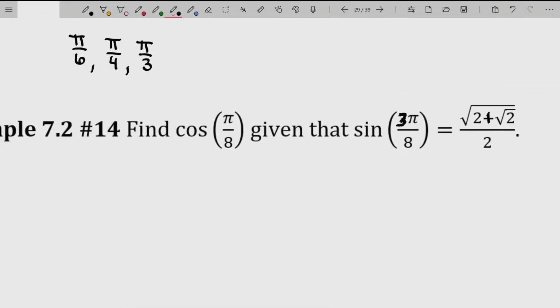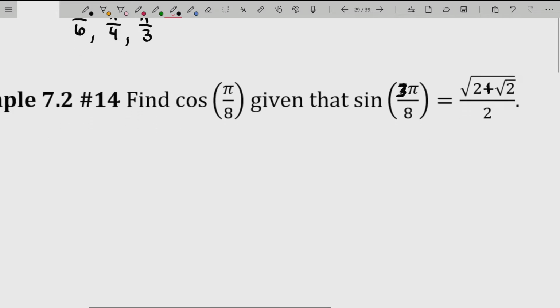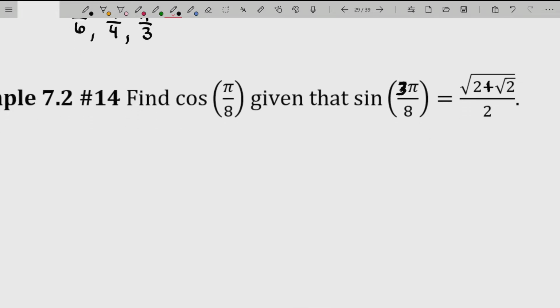Well, if you didn't know the cofunction identities, you would not be able to do anything, actually. You'd be stuck. But because we have the cofunction identities, we can say that the cosine of pi over 8, which is what we want to find, should be the same as its cofunction, which is sine, evaluated at the complement of pi over 8. The complement of pi over 8 is pi over 2 minus pi over 8.